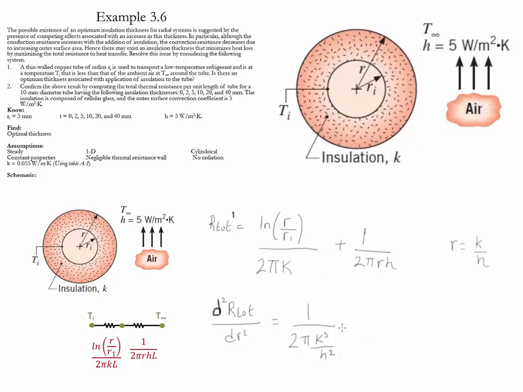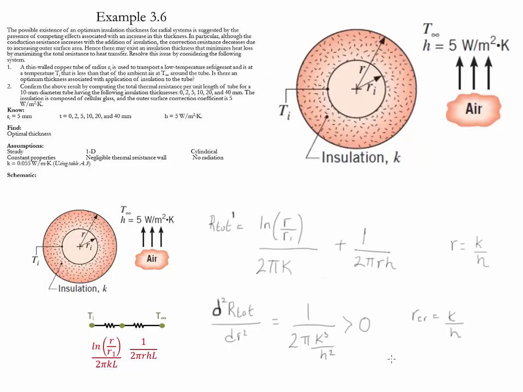Notice that all the quantities inside of here are positive, therefore the second derivative is also positive. This indicates that the value of R minimizes the value of the total resistance, therefore maximizing the value of the heat transfer. Therefore, the R becomes an R critical, and we define it, once again, as k over h.